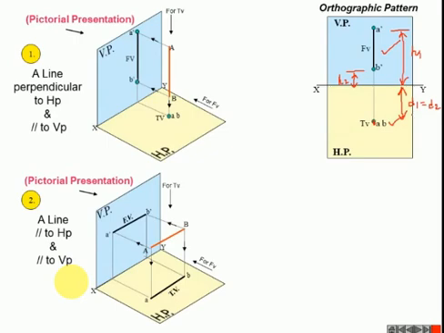As you know, when D1 is equal to D2, we can say that the line is parallel to VP. So it is one more observation that when the line is parallel to VP, the front view is always true length, and the top view is a point.